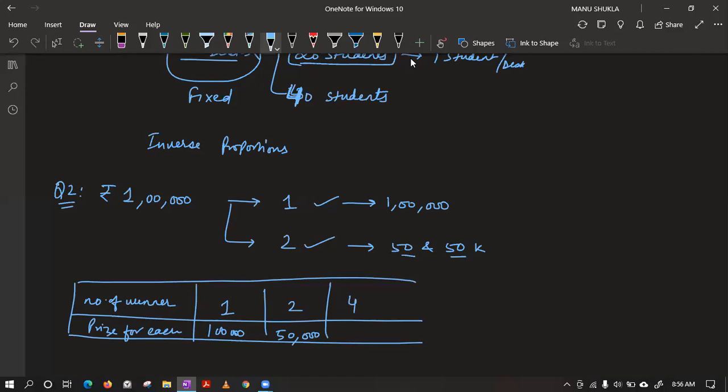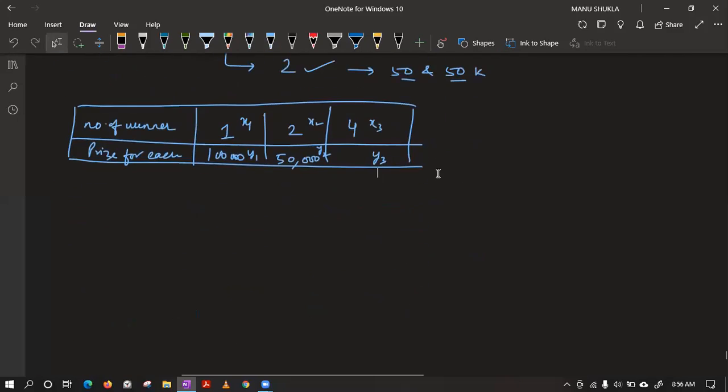How will you find? We all know the relation is very simple. If I take x1, y1, x2, y2, x3, y3, we all know the relation for inverse is given by product is constant. So either you take x1 y1 is equal to x3 y3. This will help you. How?